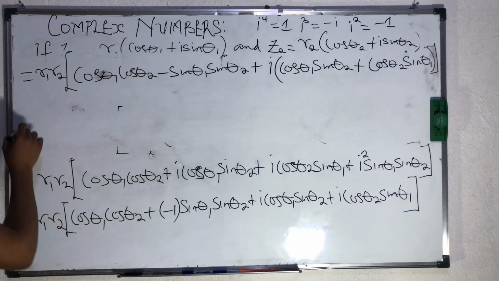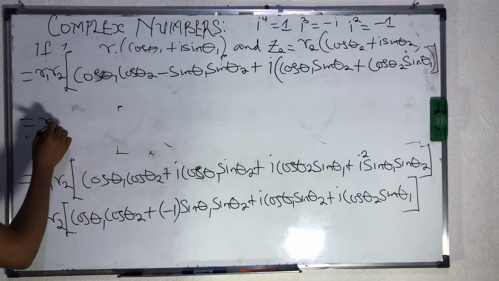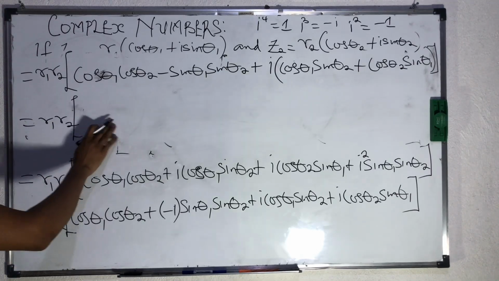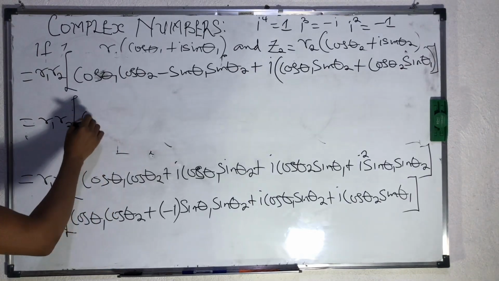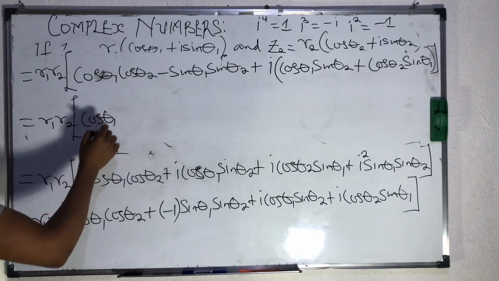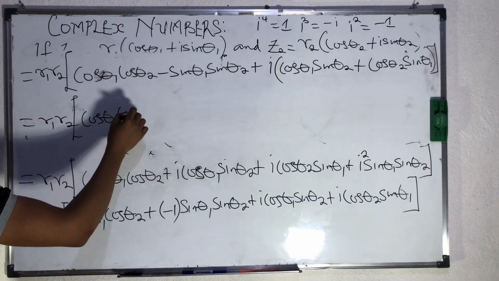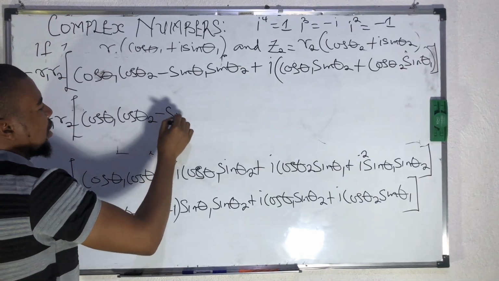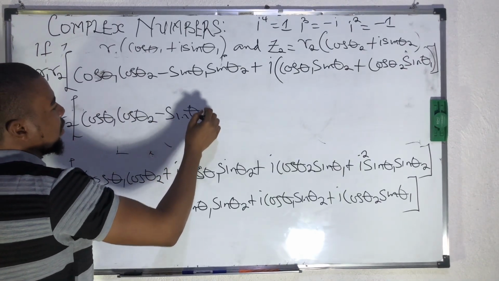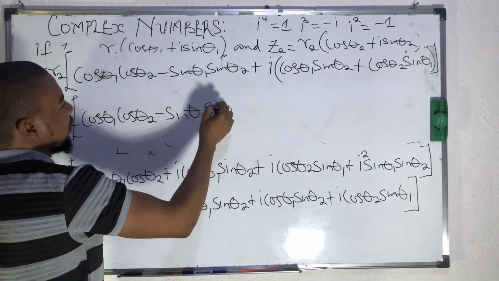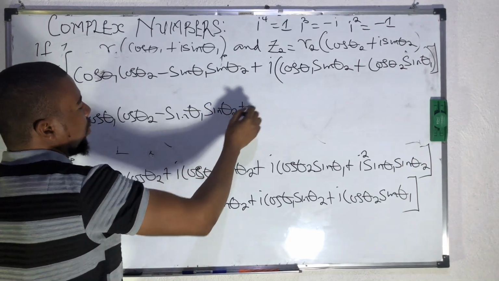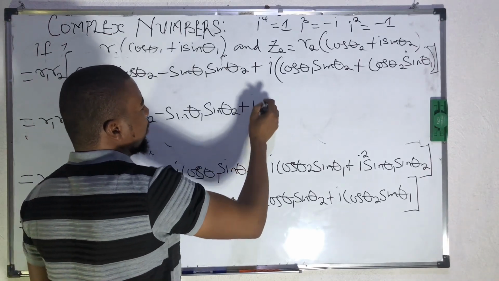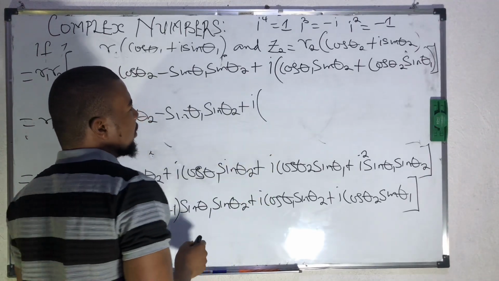So rewriting this, we have r1 r2 multiplied by cos theta 1 cos theta 2 minus sine theta 1 sine theta 2 plus, the I comes out as usual. Now, what do we have in the bracket?